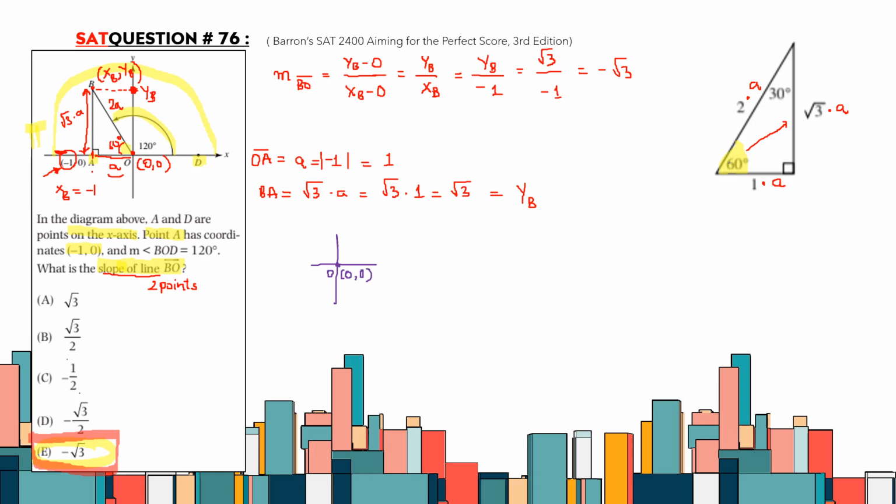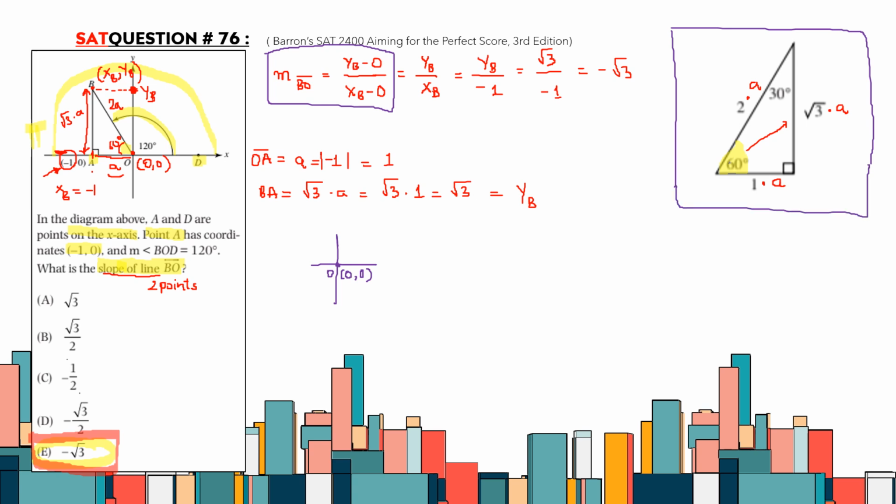We know how to find the slope with 2 points. We know how to find the length of all sides of the 30, 60, 90 degree right triangle.